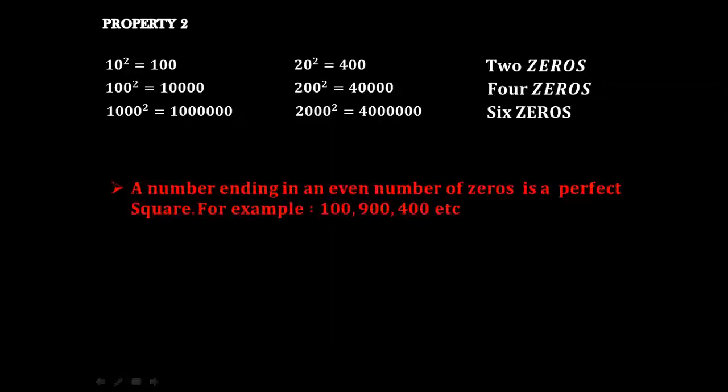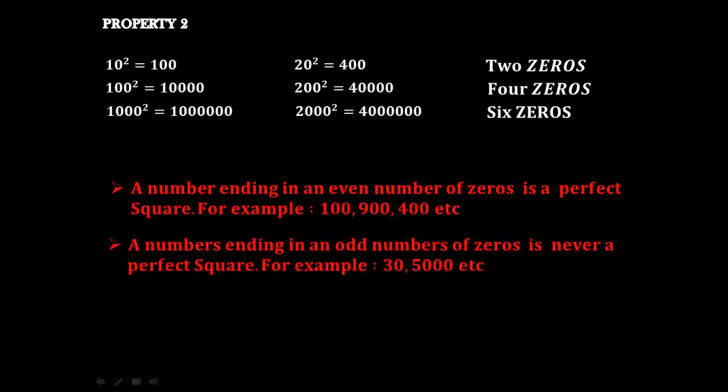So from here we can say that if a number ends in an even number of zeros, that means 2 zeros, 4 zeros, 6 zeros, or 8 zeros, then that number can be a perfect square.